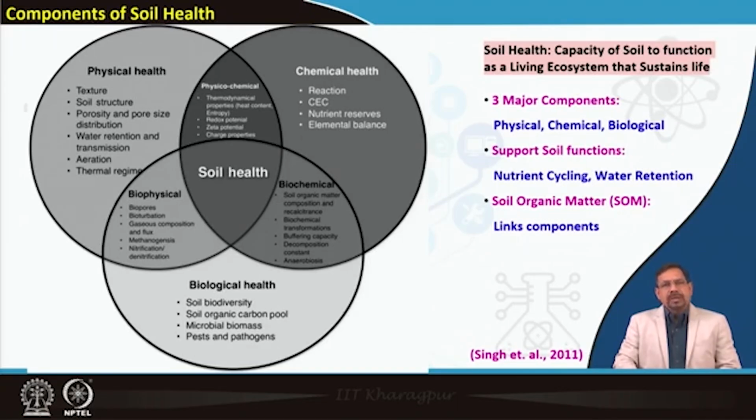And then we also take two together: biological and physical health talks about biophysical health, physical and chemical health talks about physiochemical health, and biological and chemical health is the biochemical health.